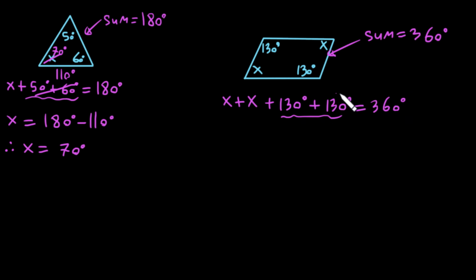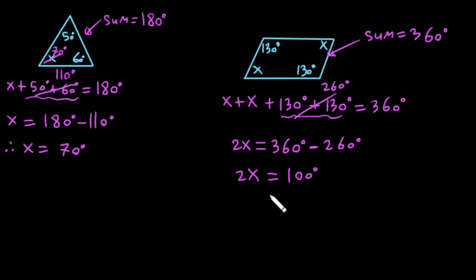We know this here equals 260 degrees. So x plus x equals 2x, and if we take this one to the other side, it equals 360 degrees minus 260 degrees. So 2x equals 360 degrees minus 260 degrees, which is 100 degrees.